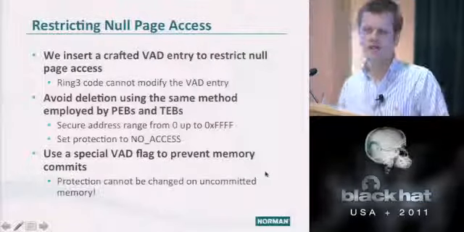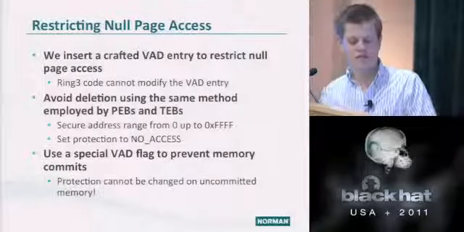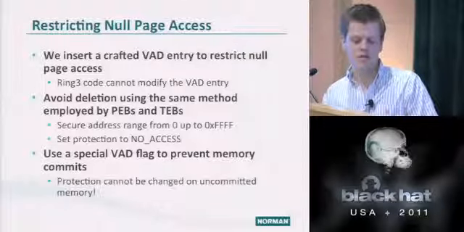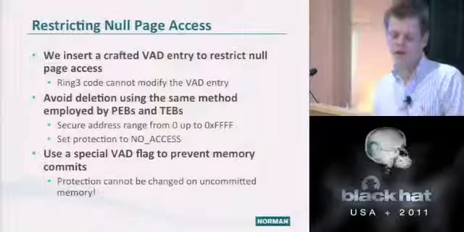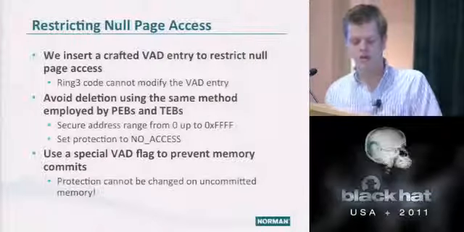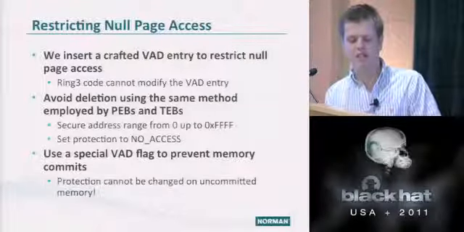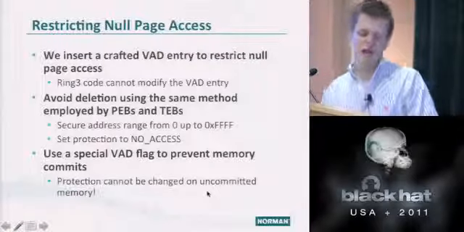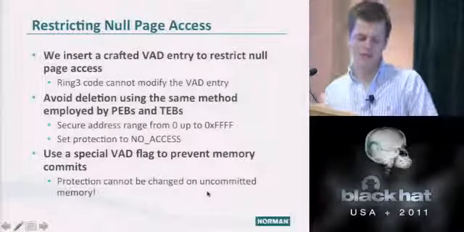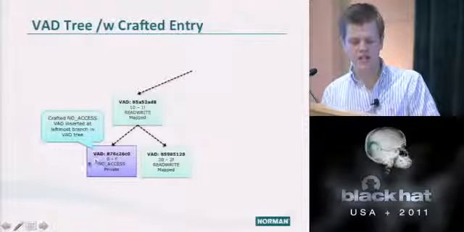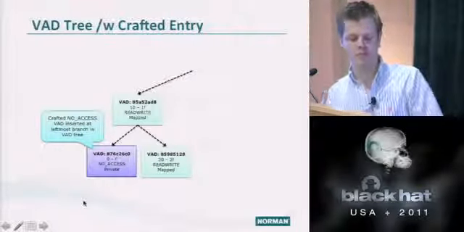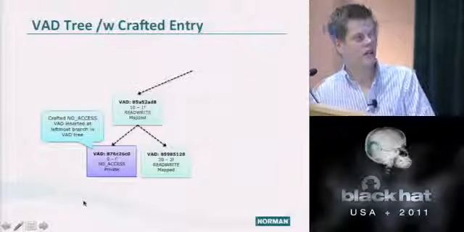This gets us a long way, but there's a fundamental issue that you could still change the protection for this since you own the VAD. It's process owned. So we use a special flag to prevent memory commits. If the memory is not actually committed, the protection cannot be changed. So we go to the leftmost branch and insert the VAD in the VAD tree.